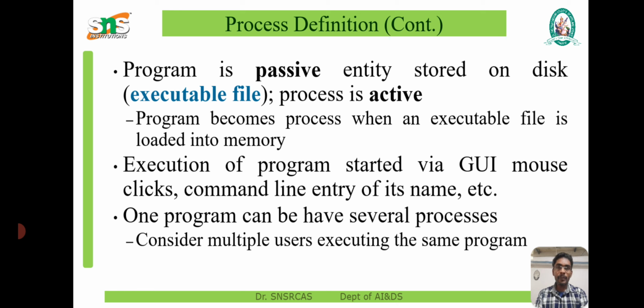When the secondary memory program code or executable file is loaded into the main memory, then it will be called a process. Execution of a program is started via a graphical user interface, mouse clicks, command line entry, and so on. A program can have several processes, considering multiple users executing the same program.